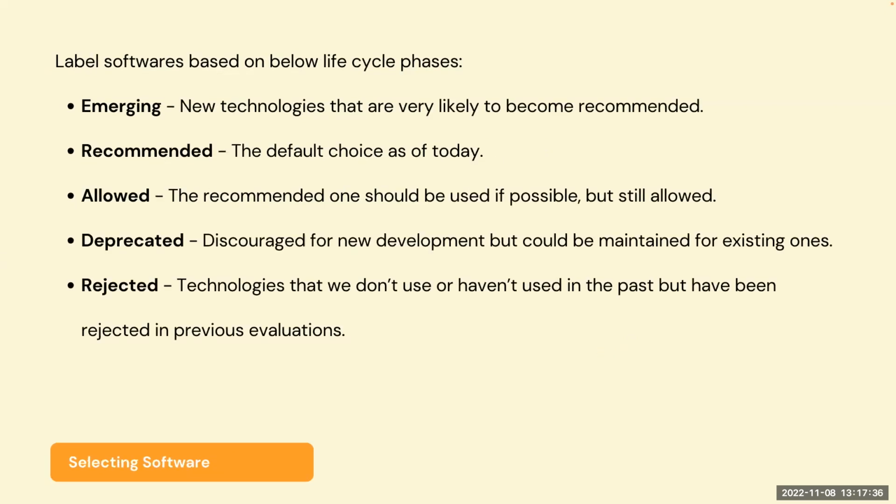Okay, now when it comes to selecting software, a lot of the time we use open source projects or open source libraries, and we usually label them, because there is so much open source software which is no longer maintained.